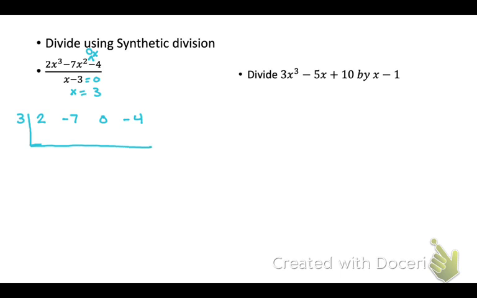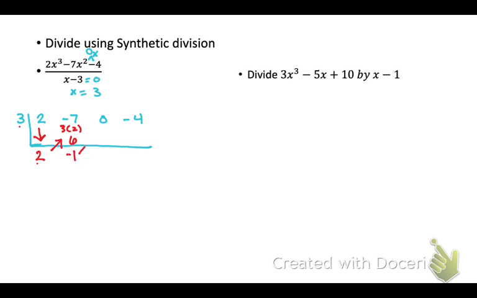So the first step you do is you bring down that first number, whatever it is, every single time. So 2. Now I take 3 times 2 and it goes here. I normally will not write the 3 times 2, I'm just doing it this time so you can see. 3 times 2 is 6. And combine negative 7 and 6, you get negative 1.